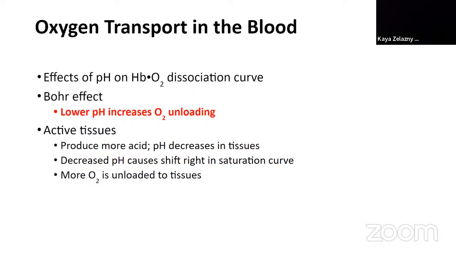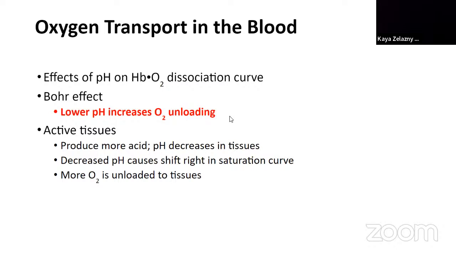Okay. So active tissues are producing acid, which means that the pH decreases at the tissue end, right? So if tissue is really active, we are making that tissue acidic. You could also associate this with, we know that we can produce lactic acid in tissues that are really working hard, right?